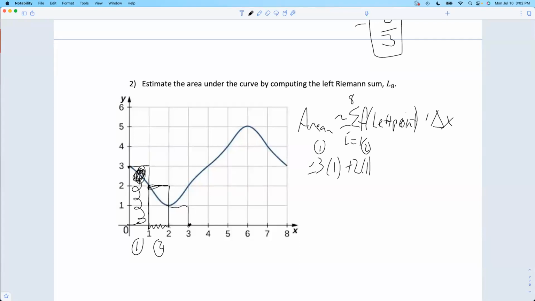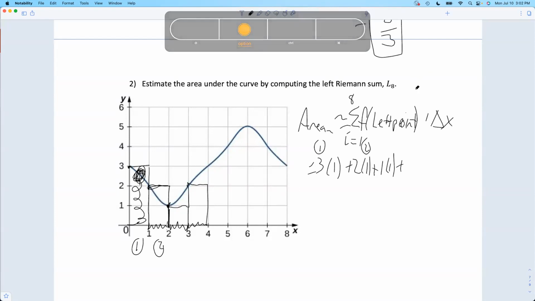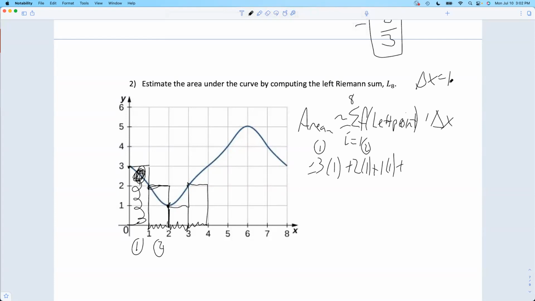Here's my third one. I'm using the height on the left-hand side of this interval. So 1 times 1. 2. That's the height. My delta x here, let's write that out. Delta x equals 1. So 2 times 1. 3 times 1.